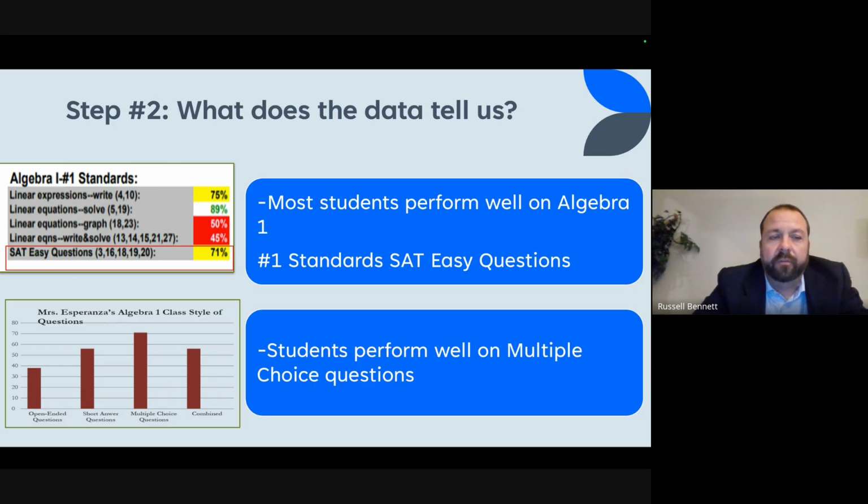We're 50%, 45% on the write and solve. So what are we doing here to help them be 70% or more on the easy questions and the linear expressions, but then that huge gap between equations and graphs and write and solve there. So we're trying to look at this data and figure out how can we get those numbers closer together instead of so far apart.